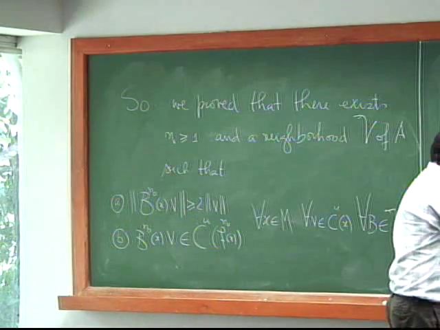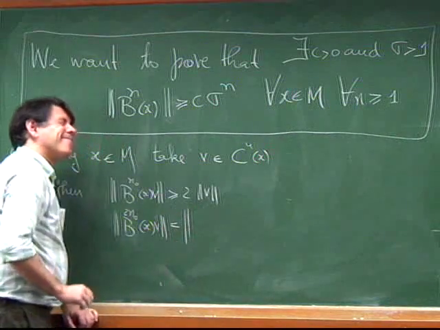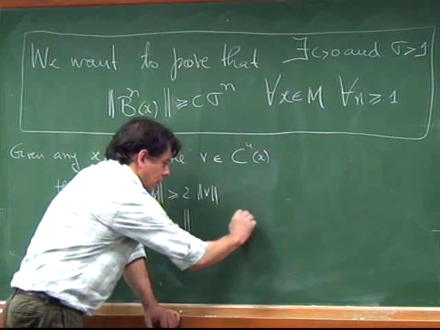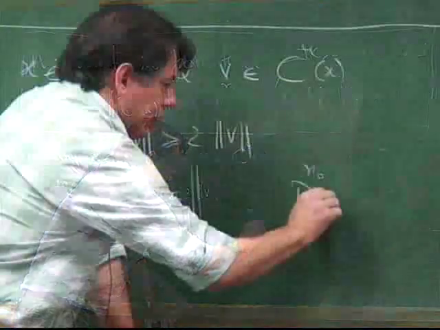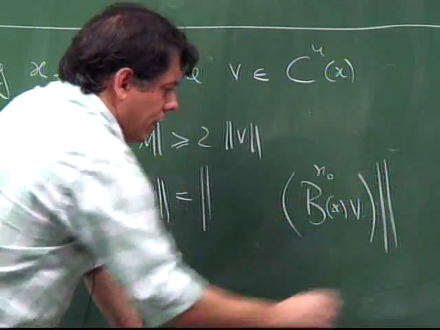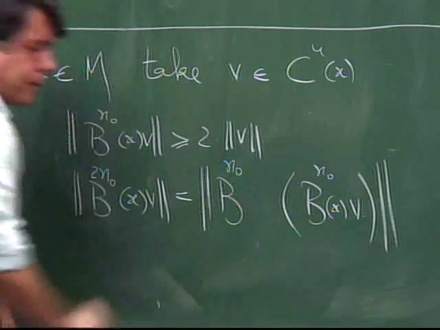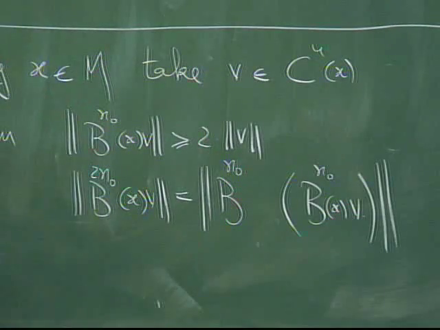Okay, what is B^2n0 of x? It is B^n0(x) applied to v, and then what? And then another B^n0, where?